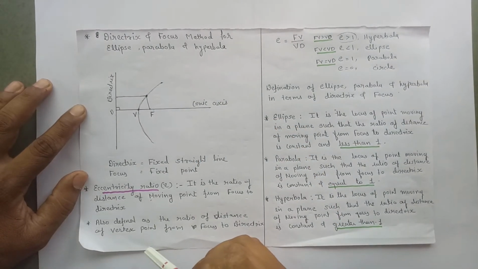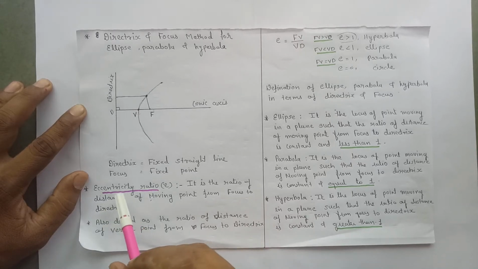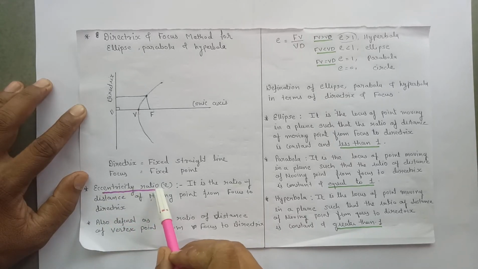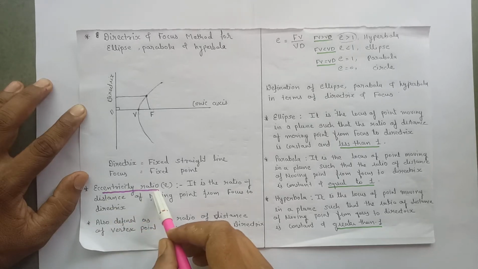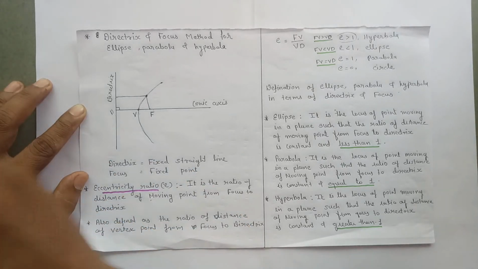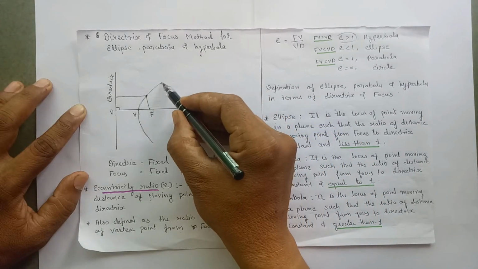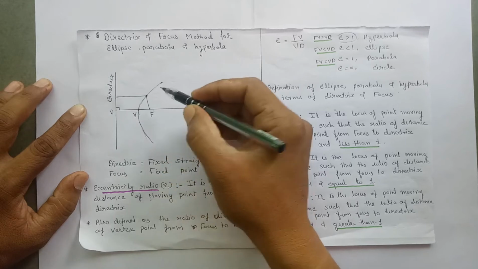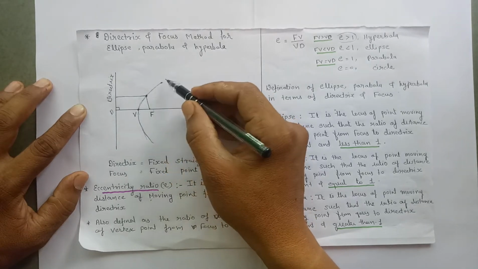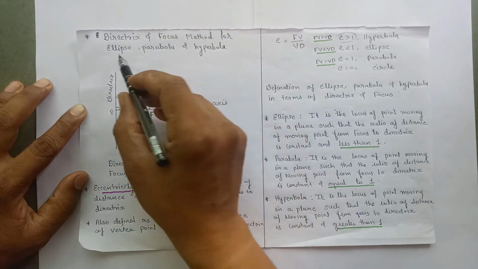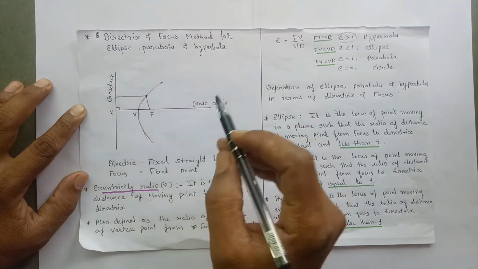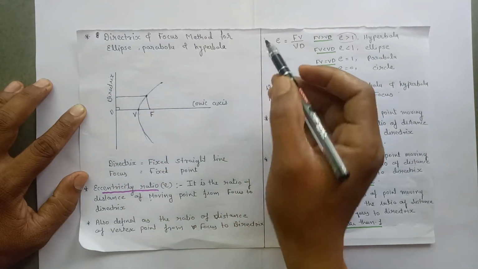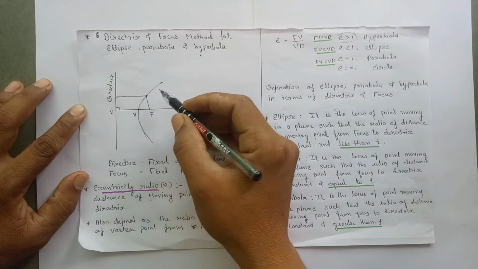Now before starting drawing, it is necessary to understand a term known as eccentricity ratio. To understand the definition of the eccentricity ratio, let us take a moving point like this. This will be the moving point and it will trace any of the curves from ellipse, parabola, hyperbola. So what is eccentricity ratio?